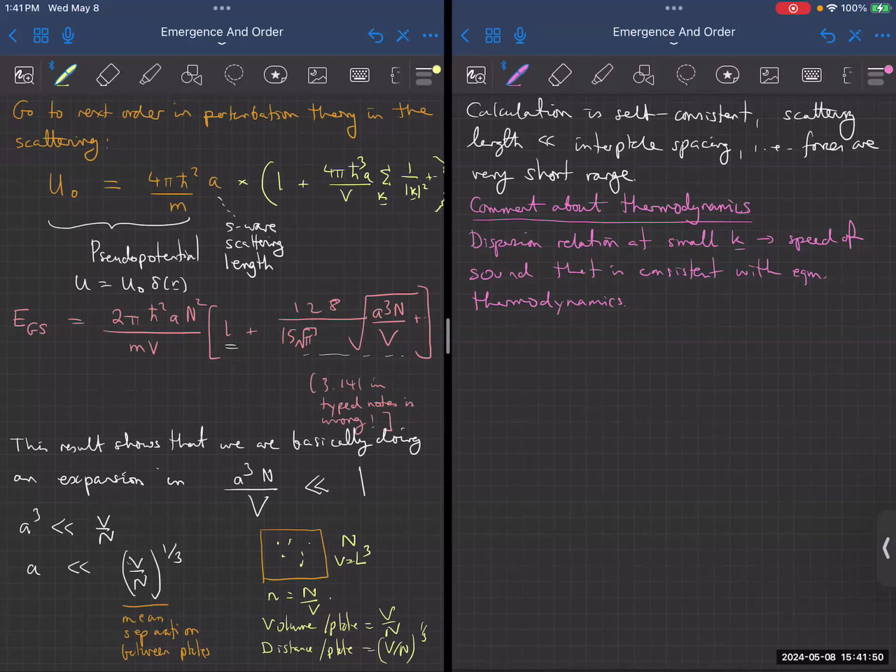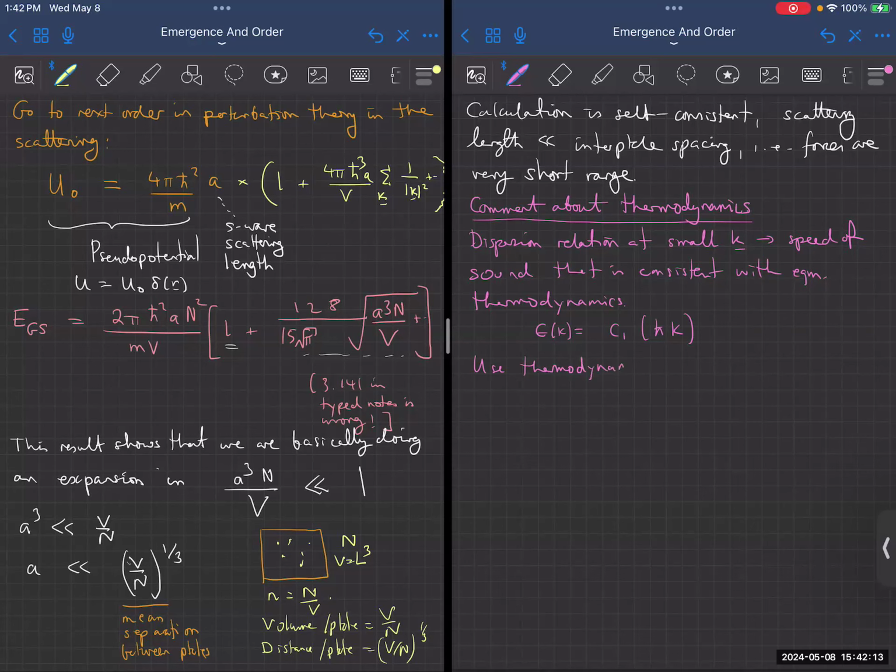So what we found was that epsilon of k is equal to the speed of sound, which I called C1, times h bar k. And what does thermodynamics tell me?